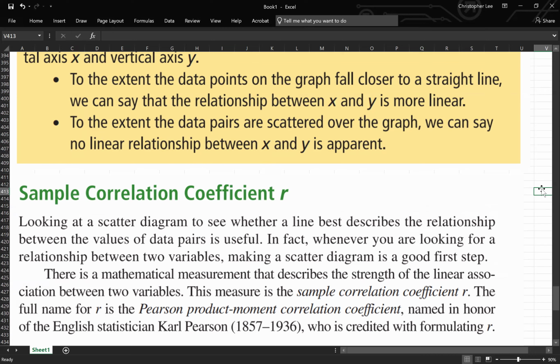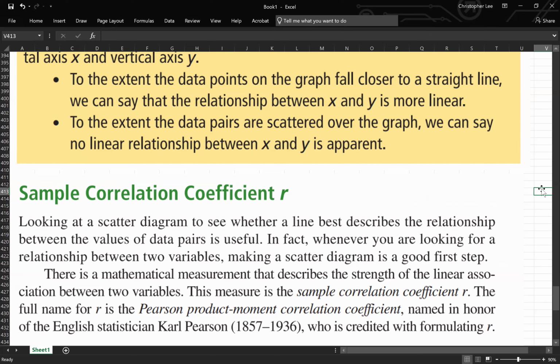mathematically speaking, right? So, sample correlation coefficient R. Looking at a scatter diagram, we see whether a line that best describes a relationship between the value of data pairs is useful. In fact, whenever you are looking for a relationship between two variables, making a scatter diagram is a good first step.